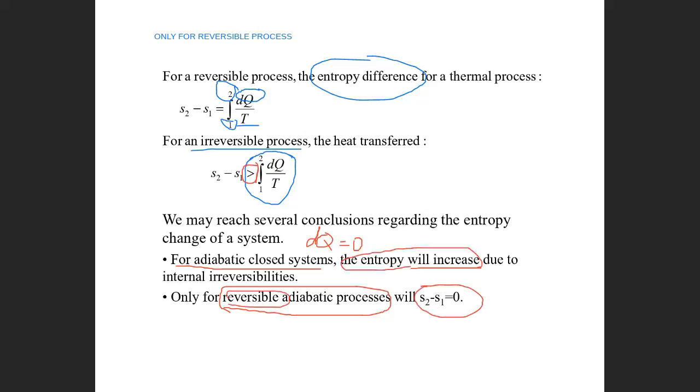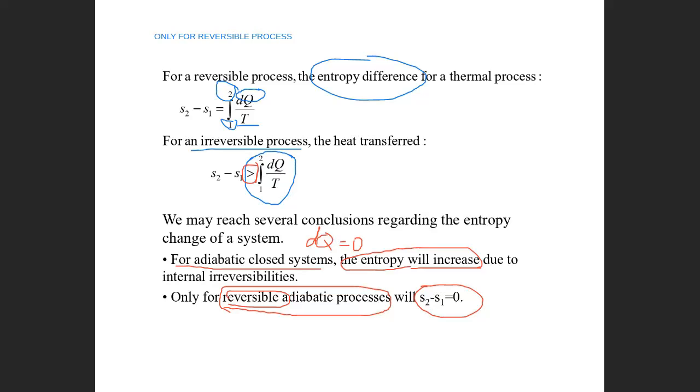So previously, I mentioned that a reversible adiabatic process is also called an isentropic process. For this process, the specific entropy is the same.